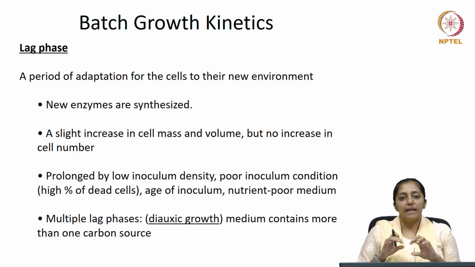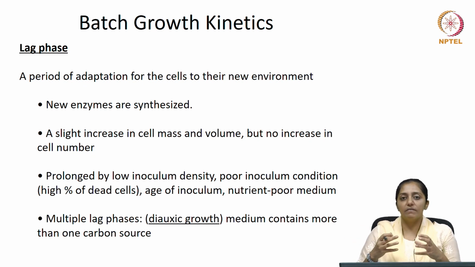The lag phase can be extended or prolonged if we use too low an inoculum density. Inoculum density means the inoculum size, the number of cells per unit volume. Or if the inoculum is not healthy, which means that all the cells are not at the same growth stage, and if the majority of the cells are in the non-growth phase in the inoculum, then again you will have an extended lag phase.